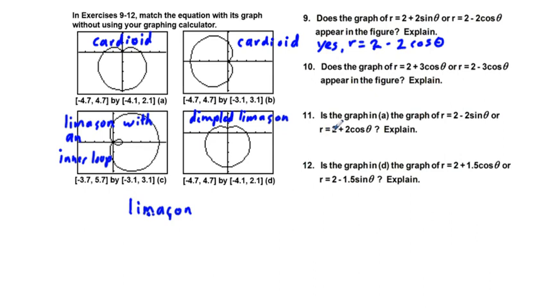Now we're going to go to the last odd number problem, which is 11. Is the graph in A the graph of 2 minus 2 sine theta or 2 plus 2 cosine theta? Well, I'm going to try to bring a little bit of understanding here.